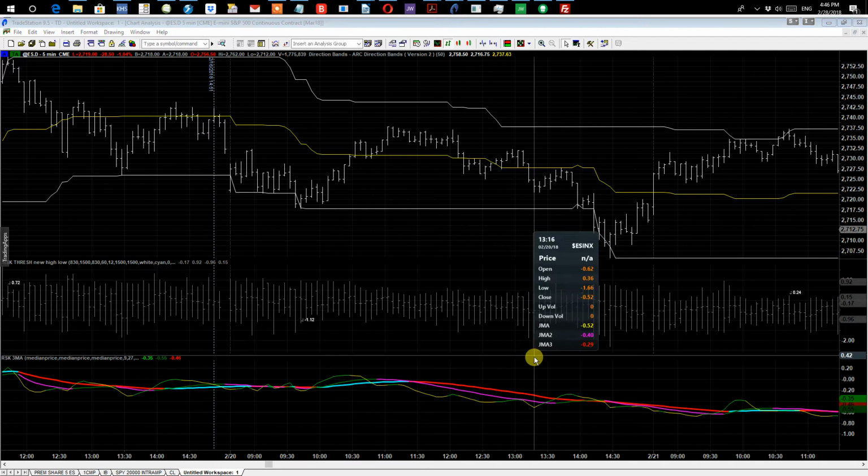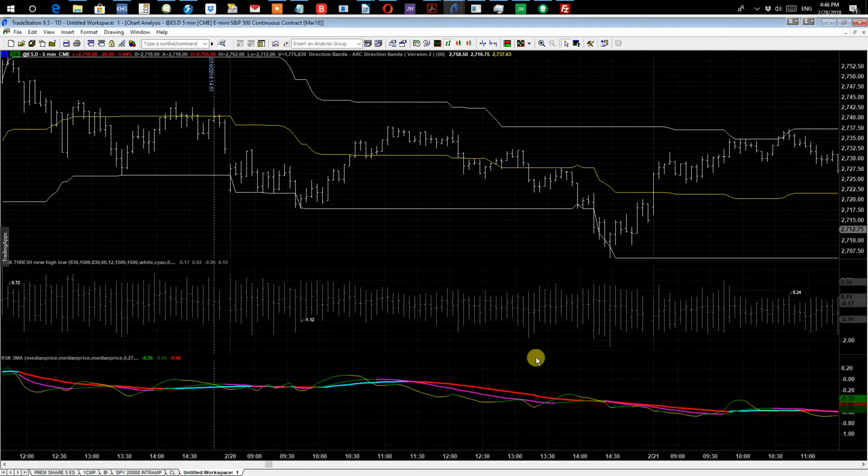And down we go, boom, until we get to the next divergence. So if you just follow that, you can see how this is supposed to work. Just keep in mind, there's a direct relationship.